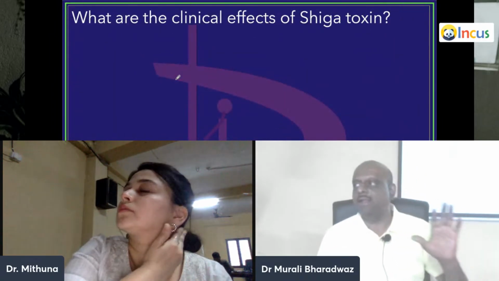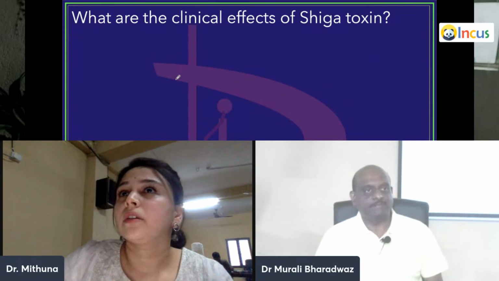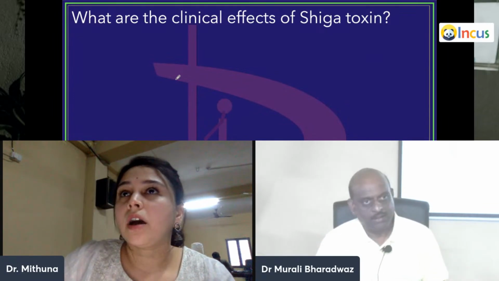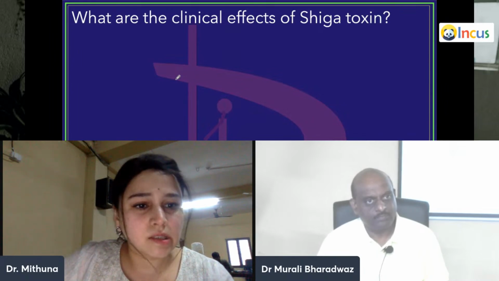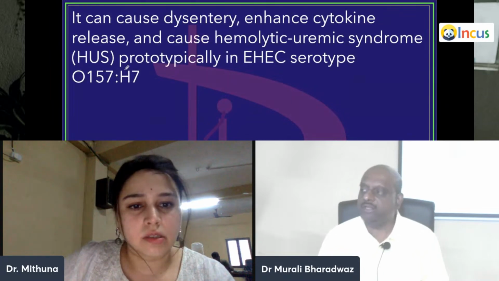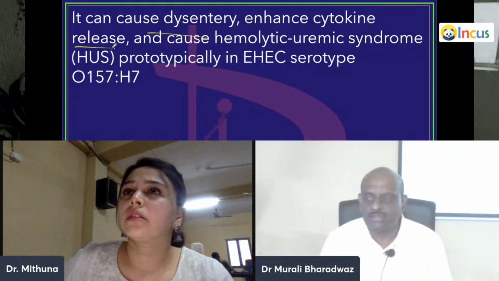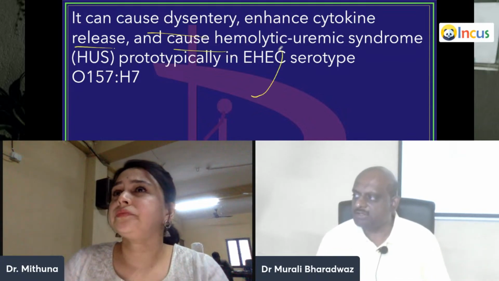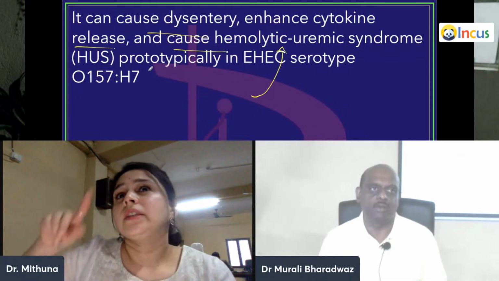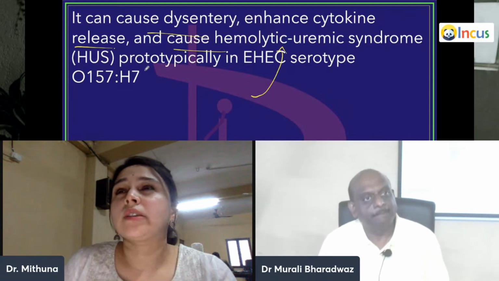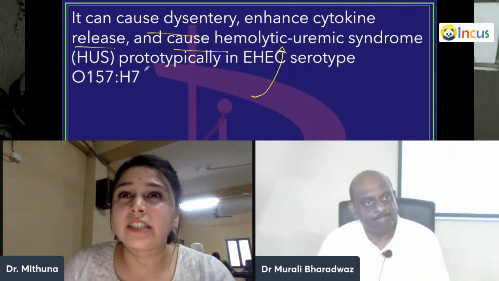Now, what are the clinical effects of the Shiga toxin? You have dysentery. It also causes HUS, I think. Yes, it leads to dysentery, enhances cytokine release, and causes hemolytic uremic syndrome. There's one more thing Shiga causes, sir. It's called Ekiri syndrome.